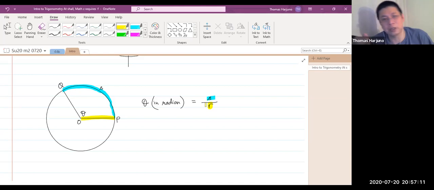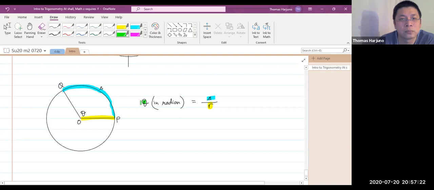That ratio is theta in radian. Now, that's another way to look at the definition of angle theta in radian.